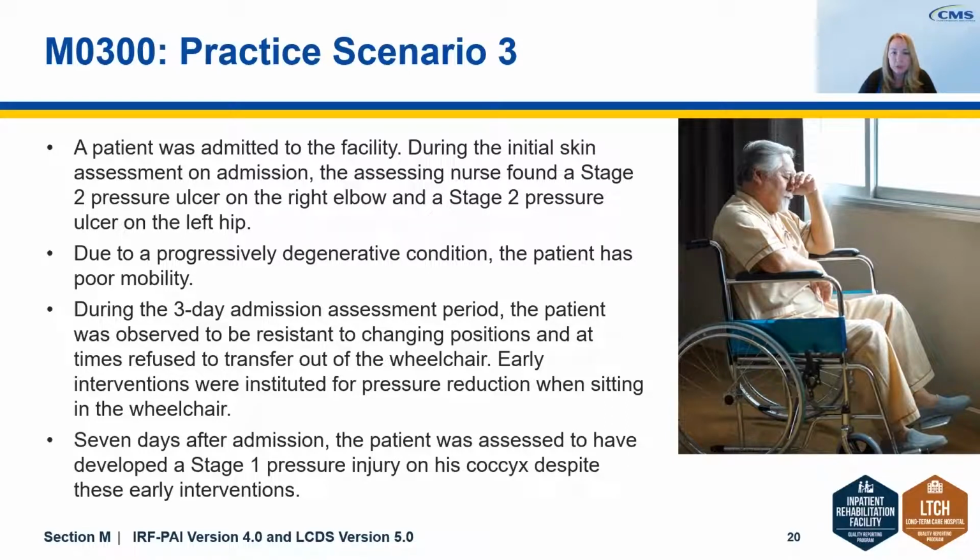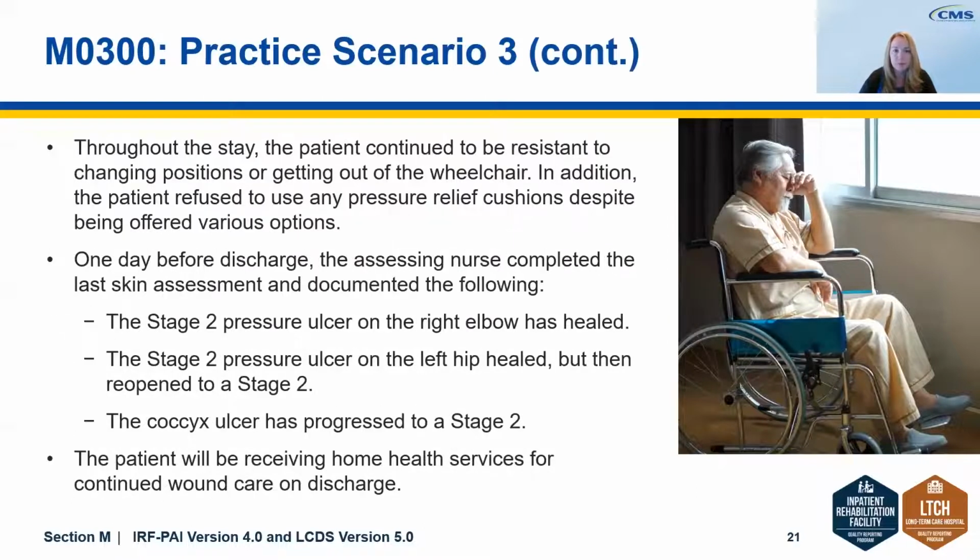7 days after admission, the patient was assessed to have developed a stage 1 pressure injury on his coccyx despite these early interventions. Throughout the stay, the patient continued to be resistant to changing positions or getting out of the wheelchair. In addition, the patient refused to use any pressure relief cushions despite being offered various options. 1 day before discharge, the assessing nurse completed the last skin assessment and documented the following.